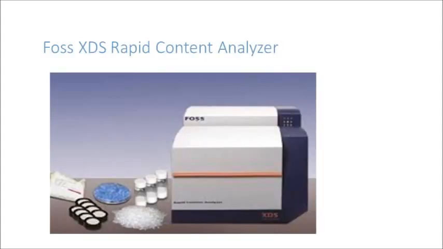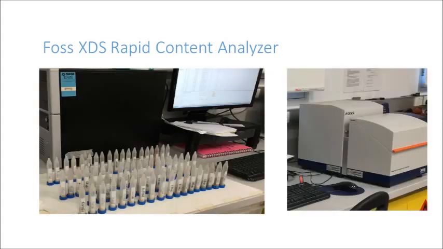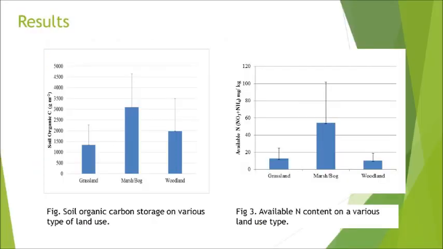These samples are analyzed using the NIR with a FOSS XGS rapid content analyzer over a range of wavelengths from 700 to 2500 nanometers.